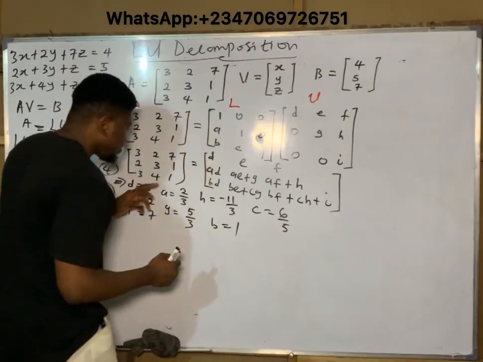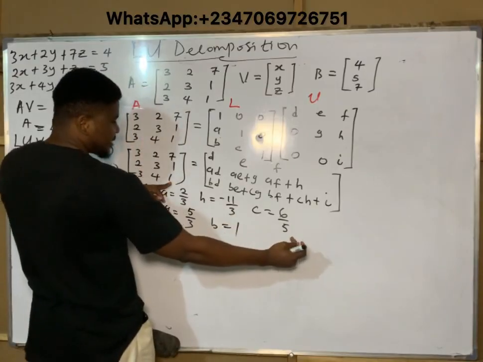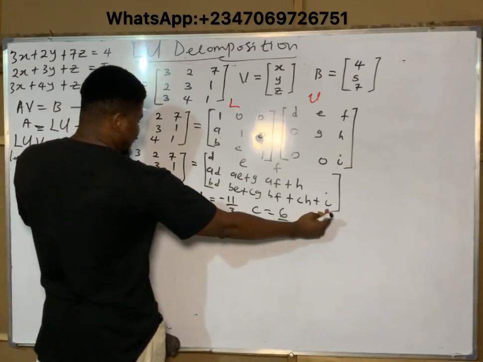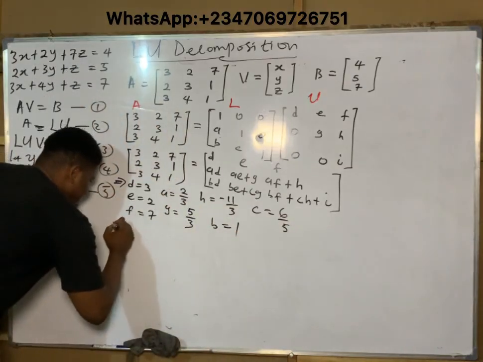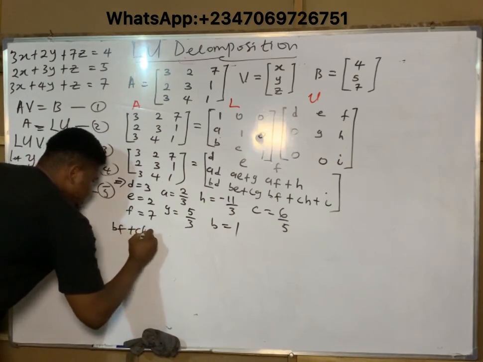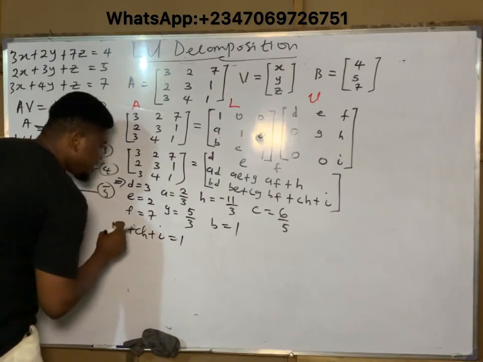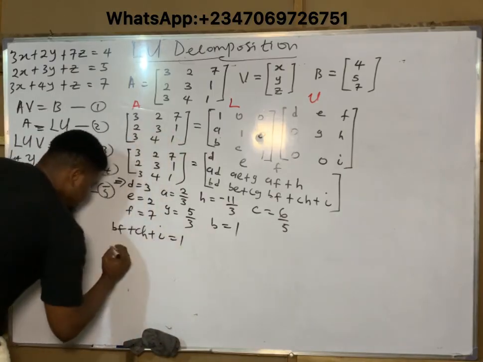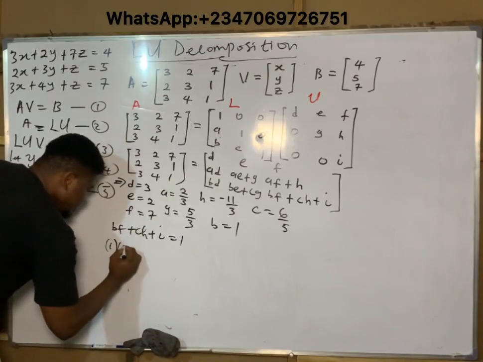So finally, we have now BF plus CH plus I is equal to 1. What's our B? We got B to be 1. So 1 times F. We got F here to be 7.